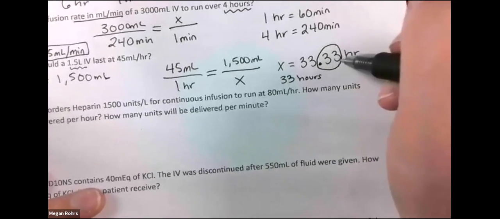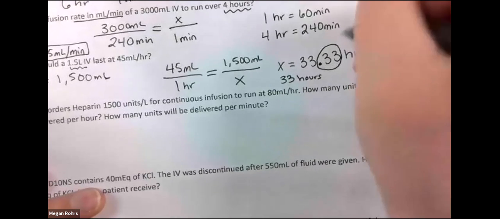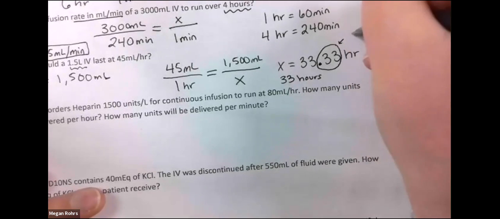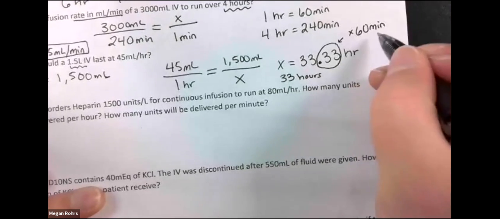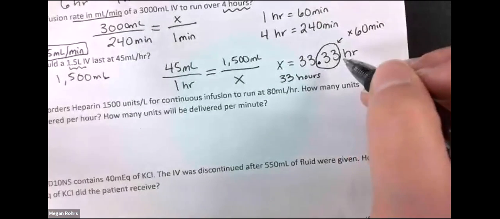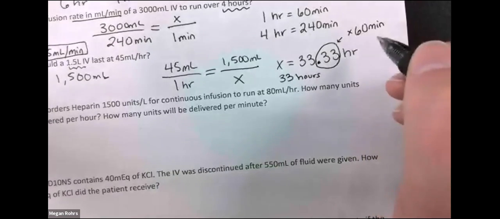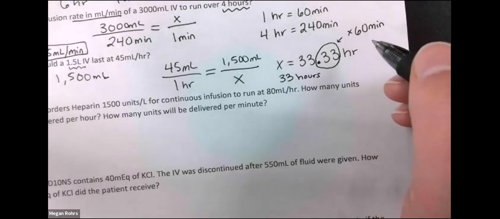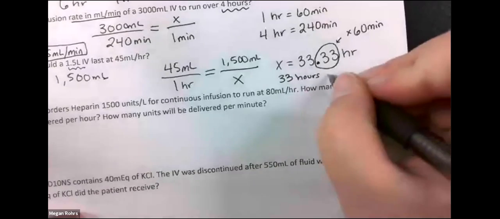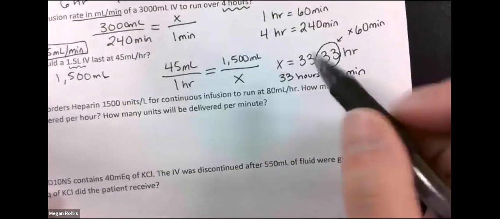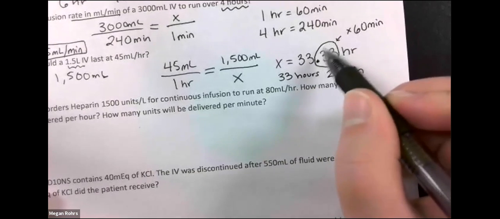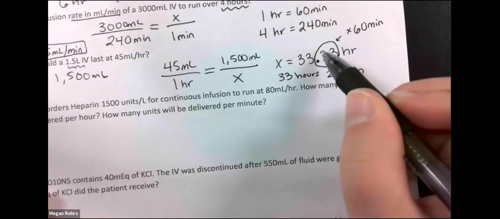So 33 hours. So all I really need to do is convert this part of my number into minutes. And the shortcut to do that is just take this decimal and multiply it by 60 minutes, because we know that there are 60 minutes in every hour. So if I take 0.33 times 60 minutes in my calculator, it gives me 19.8, which is roughly 20 minutes, which makes sense because 33% is 1/3, right?